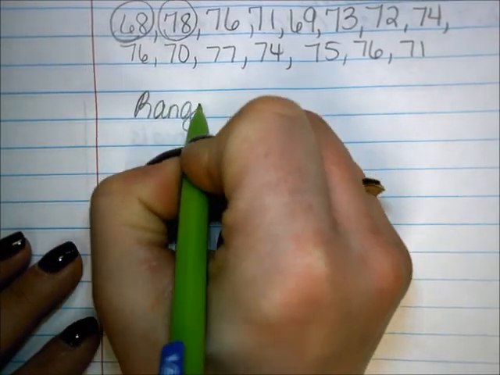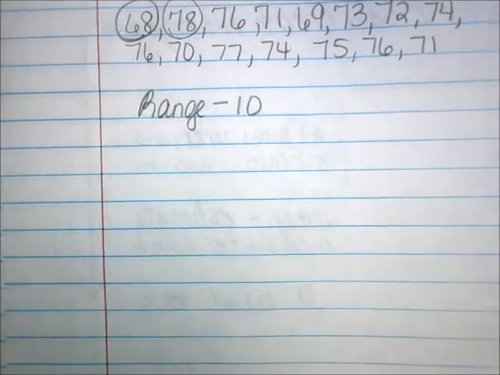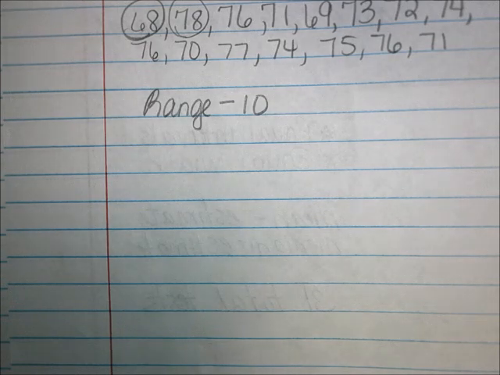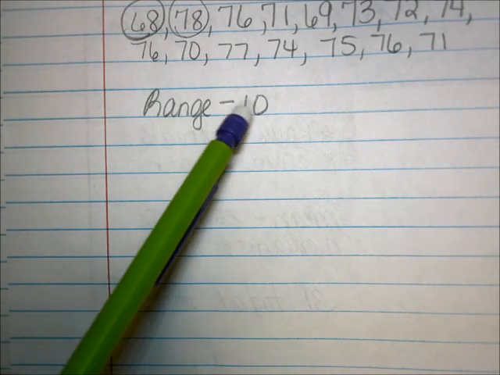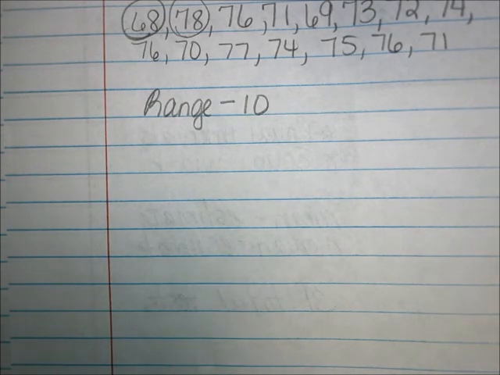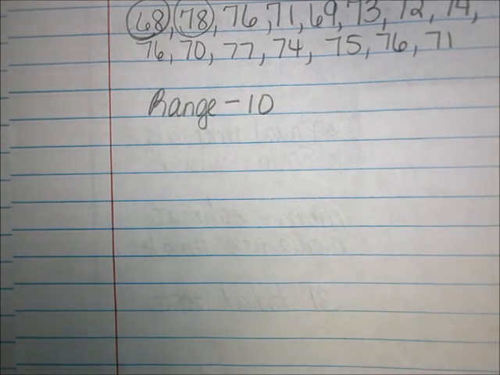My range is only 10. Now in the last one, we made one interval 9. We're certainly not going to use 9 for our interval. If our range is only 10, we would literally have 2 intervals, which is not enough to give people a good representation of the data. So I would maybe go by an interval of 2.